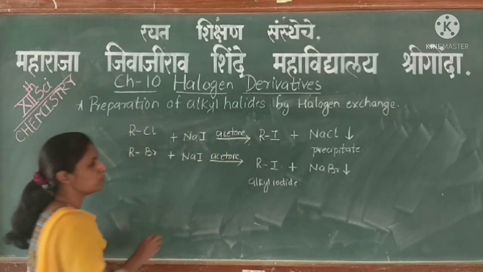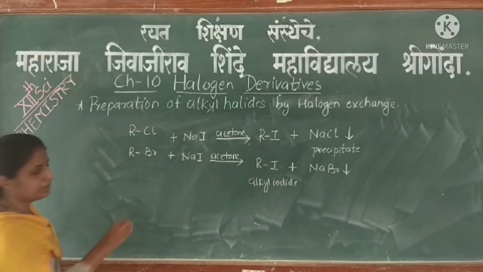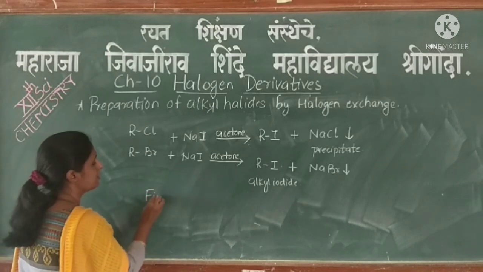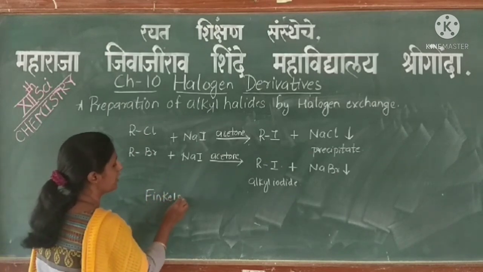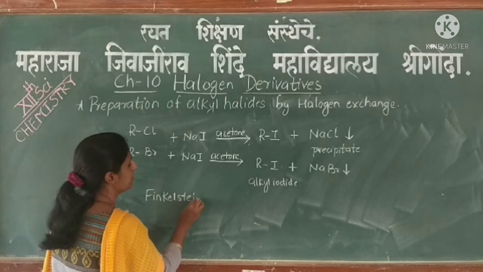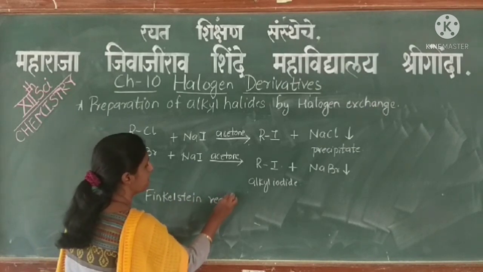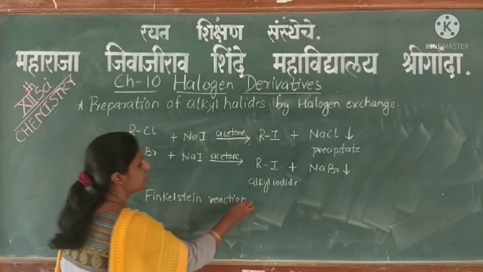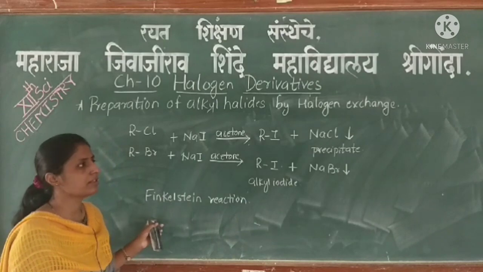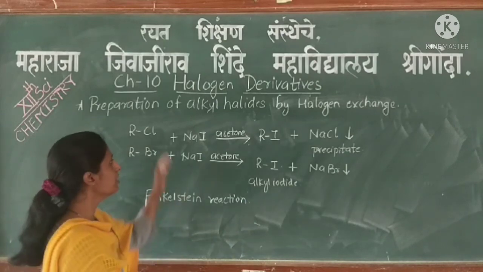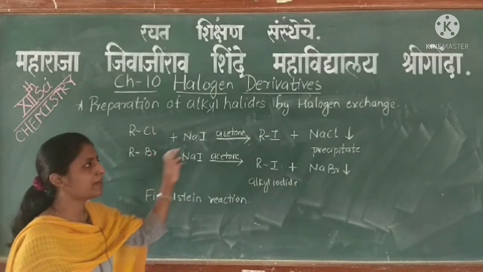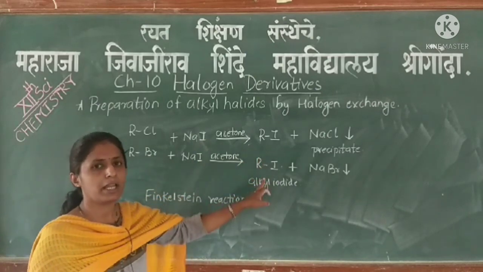This reaction is known as the Finkelstein reaction. It is nothing but a halogen exchange reaction, where your chloride or bromide can be replaced by iodide.